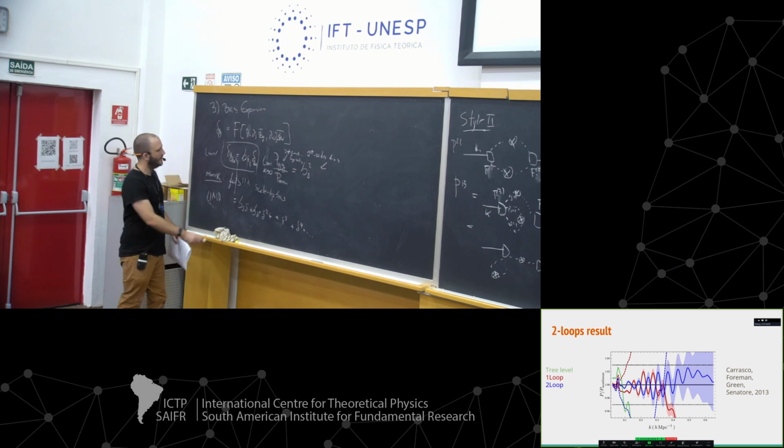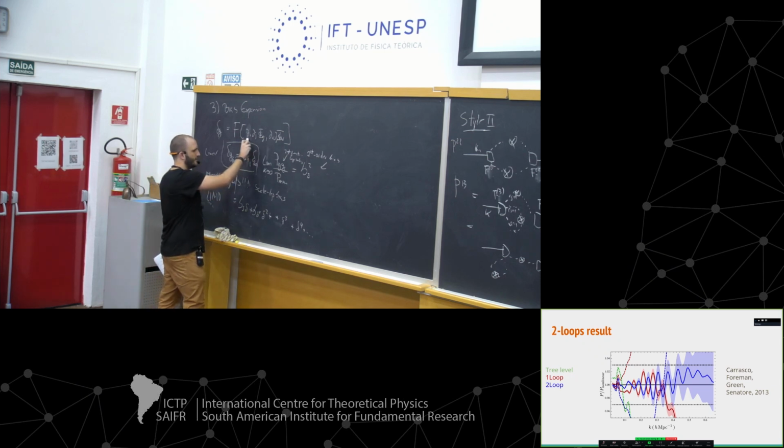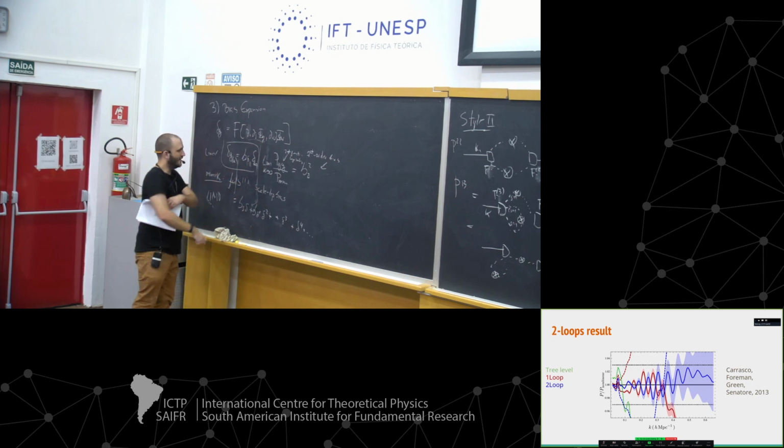But as we see here, something you can see is that this is basically the trace part of delta ij. So if you just contract this delta i, delta j with a Kronecker delta, you get something like delta.